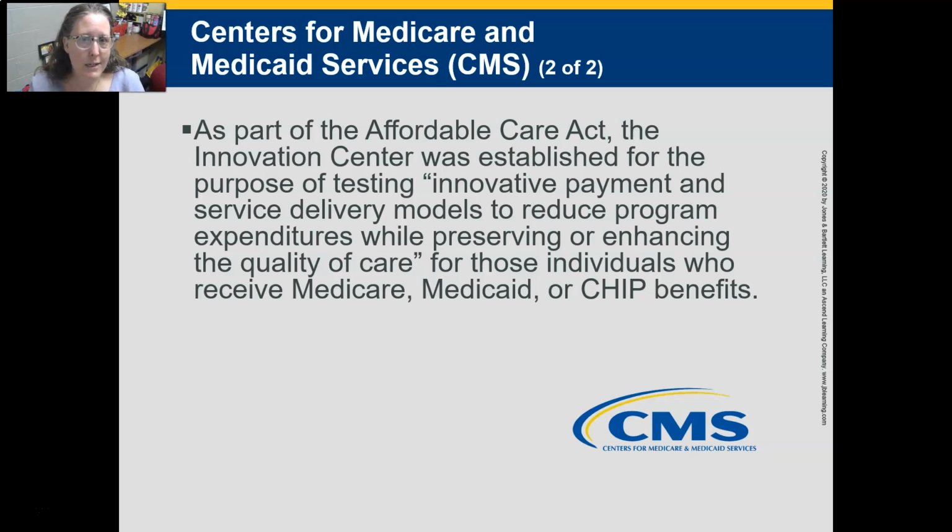And so this idea of this innovation center was to kind of delegate to the people that are boots on the ground, how could we do this better? How could we bundle things or services and things? And so if you have an idea, you can put in for it as a pilot study to see if you can save money on these Medicare or Medicaid or CHIP patients.